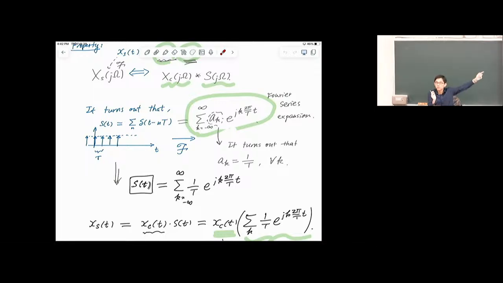S of t is indeed periodic, because this impulse shape repeats itself. Just because of that, we can perform Fourier series expansion for this periodic signal.